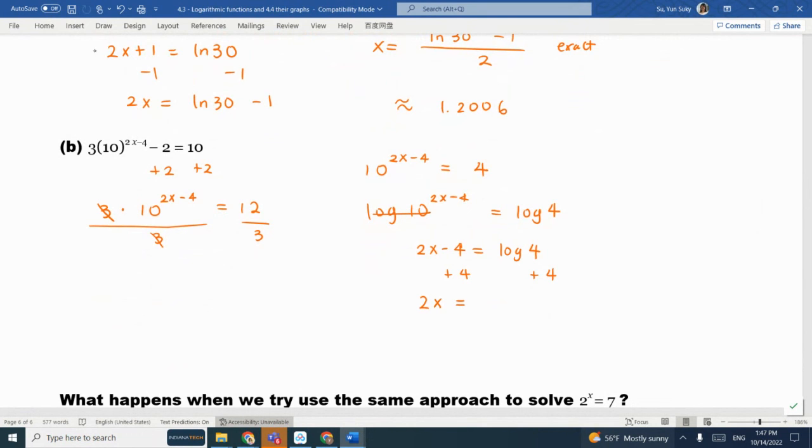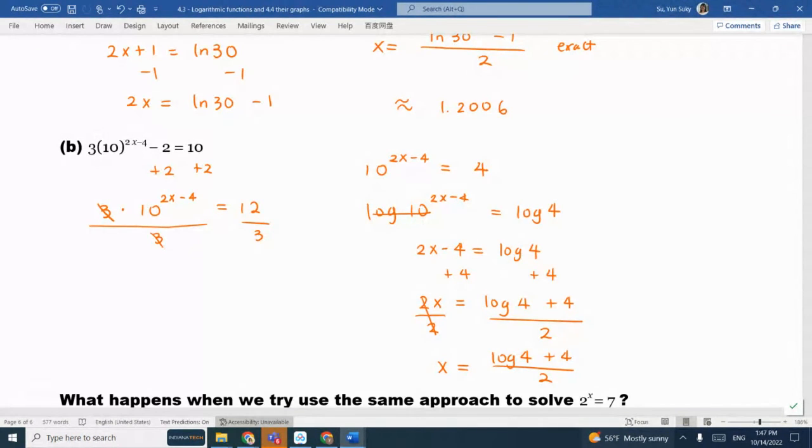Yes. Is it log of 8? No. It's log of 4 and then add 4. Okay. And then we divide by 2, right? x is log of 4 plus 4, divided by 2.